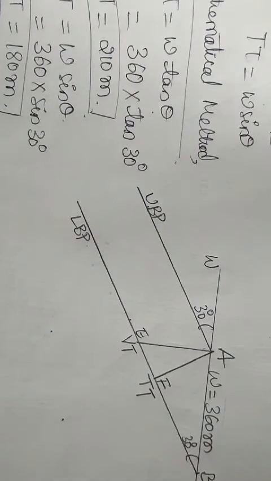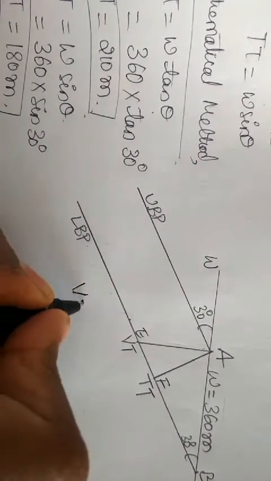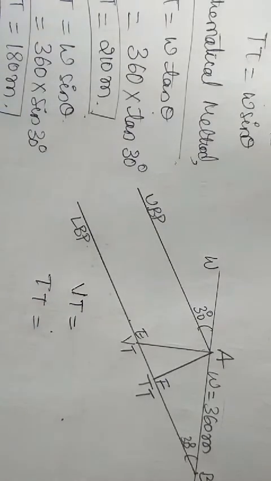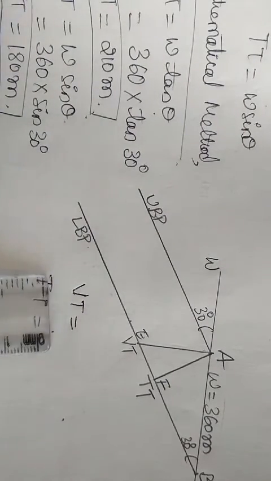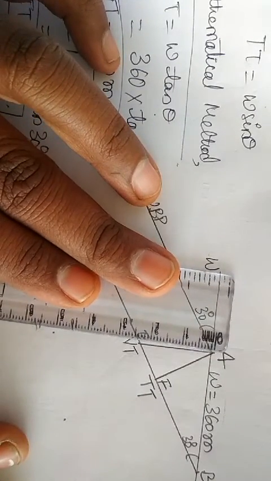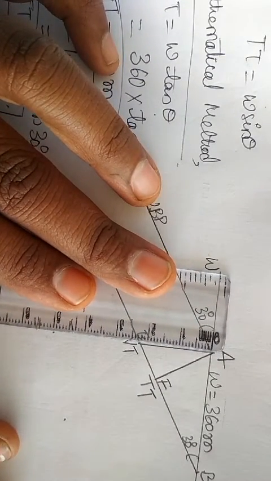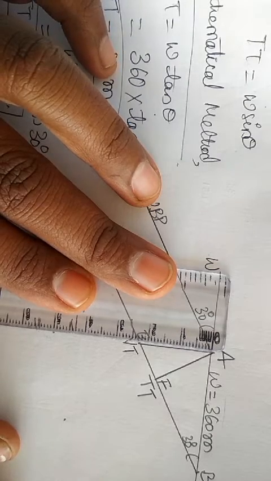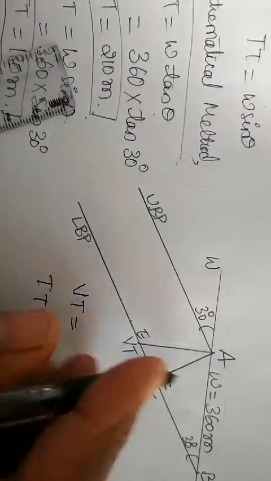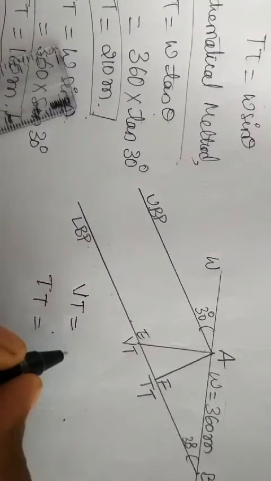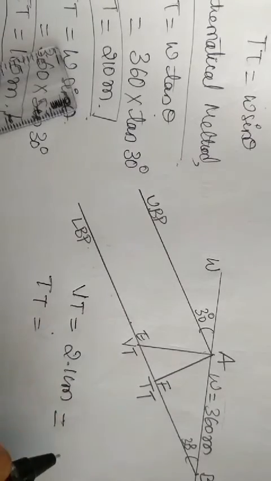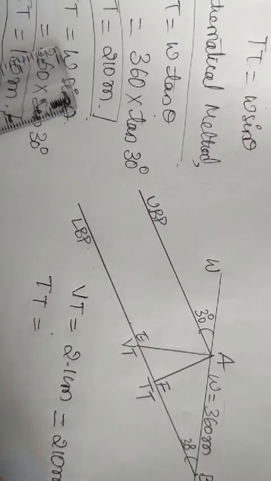Now we are interested in finding the vertical thickness value as well as the true thickness value. So we need to measure the vertical distance. From A to E, the vertical distance we get is 2.1 centimeters. So the vertical thickness is 2.1 centimeters, which in meters is 210 meters.